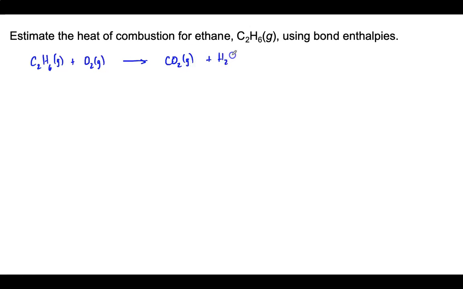Those are the only 2 products if there's enough oxygen and enough heat. I'm going to do this with water as a liquid though, at 298 K, 25 degrees Celsius. So if we combust ethane and there's enough oxygen and enough heat, the only 2 products should be carbon dioxide and water. All right, so we have to balance this.